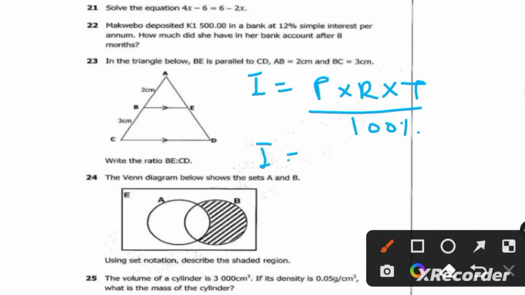So simple interest is equal to the principal we are given, which is 1,500, times the rate we are given, which is 12%.